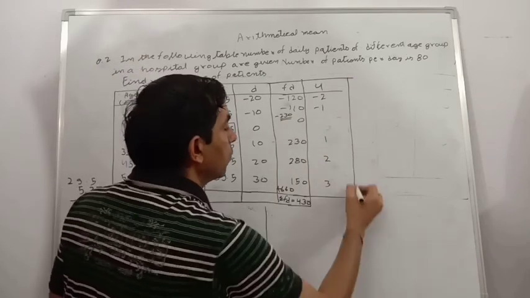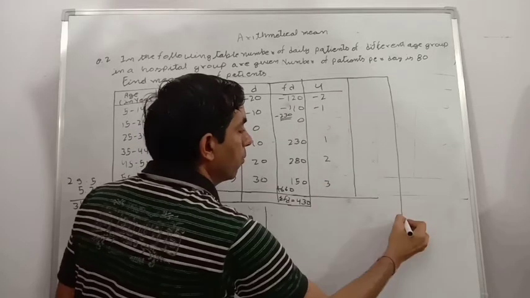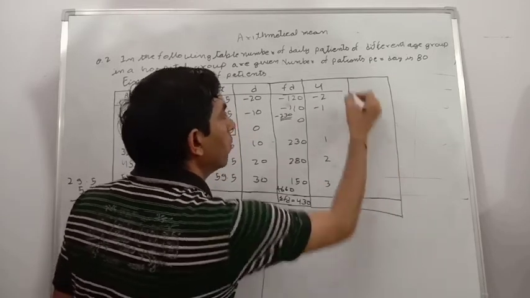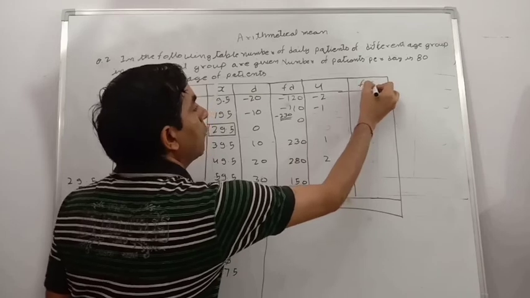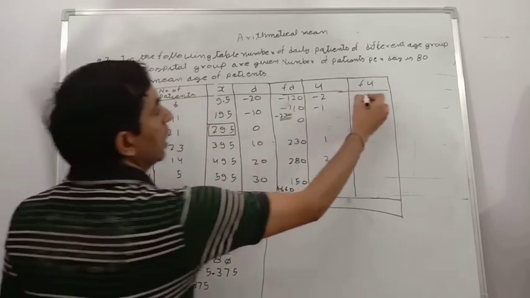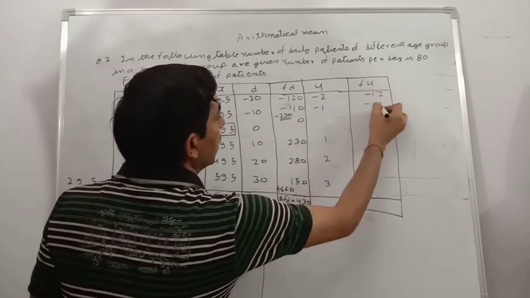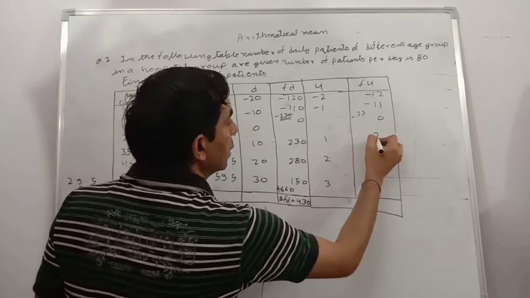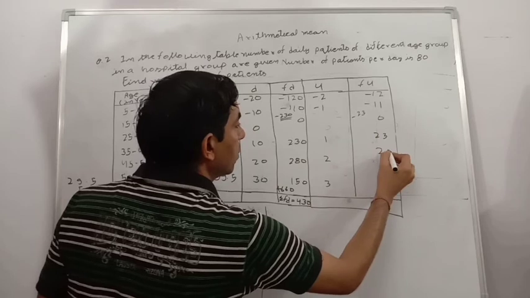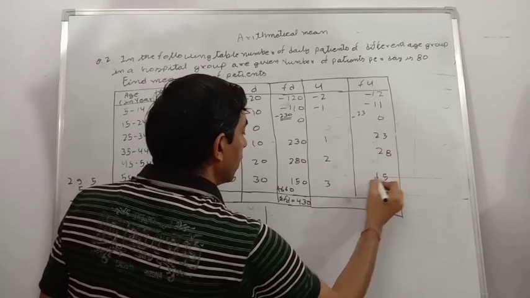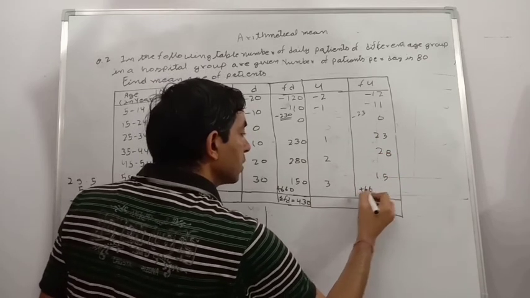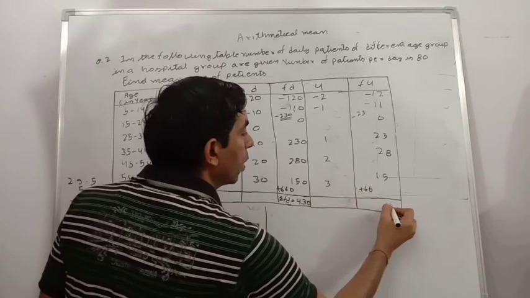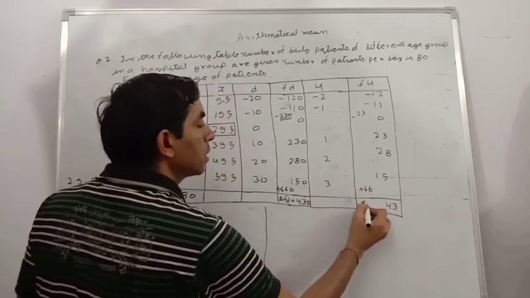Then finding the fu. We get fu as -2, -12, -11, means -23, 0, 23, 28 and 15 plus 66. Then we got 43, the summation of fu.